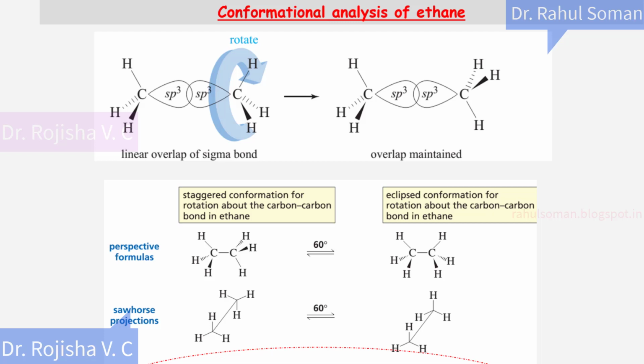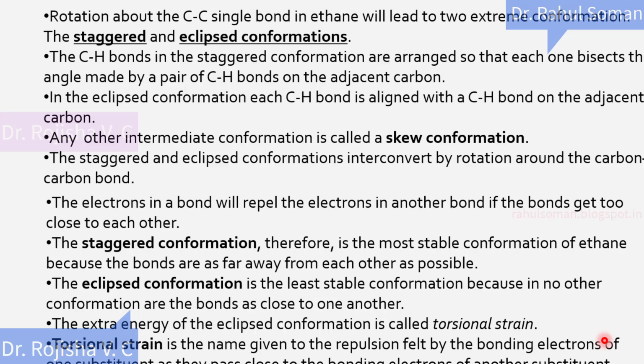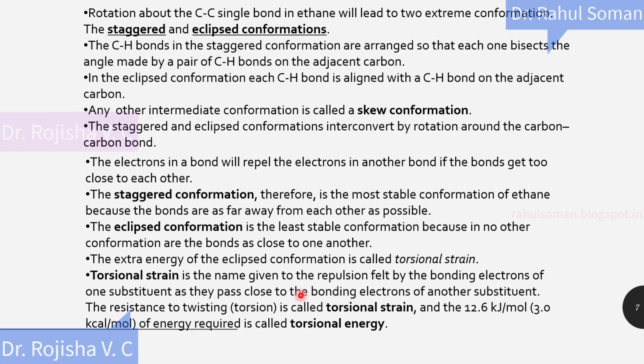In the case of ethane, we have two conformations, staggered and eclipsed, and the energy required to move from one conformer to the other is called the torsional energy.